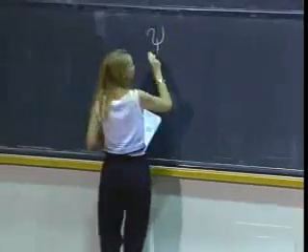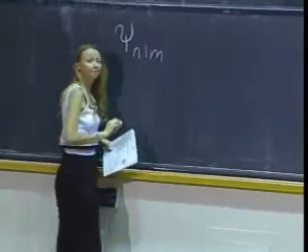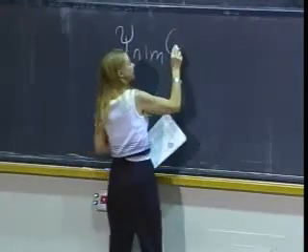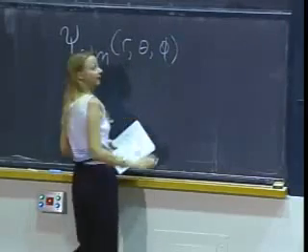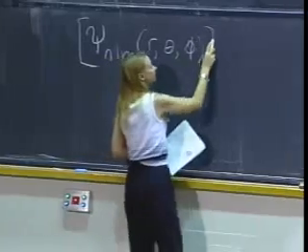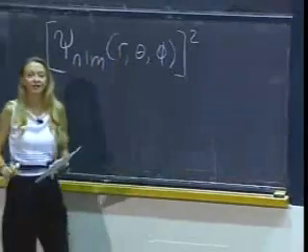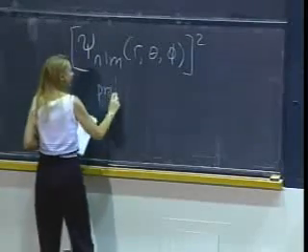So psi here, which we learned has to be labeled by 3 quantum numbers, n, l, and m, and is a function of 3 position variables, r, theta, and phi. If you square that, the physical interpretation is a probability density.